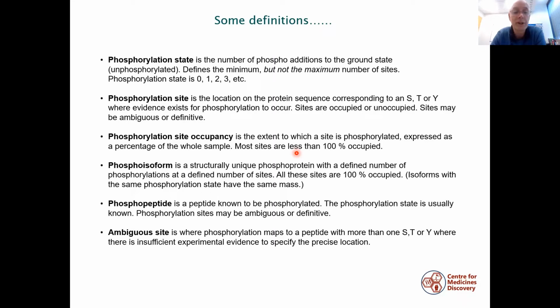An ambiguous site is where the phosphorylation maps to a peptide which has more than one potential phosphorylation site, so more than one serine, threonine, or tyrosine, but where there is insufficient experimental evidence to specify the precise location. And then finally, a definitive site is where the site has been mapped to a single serine, threonine, or tyrosine.